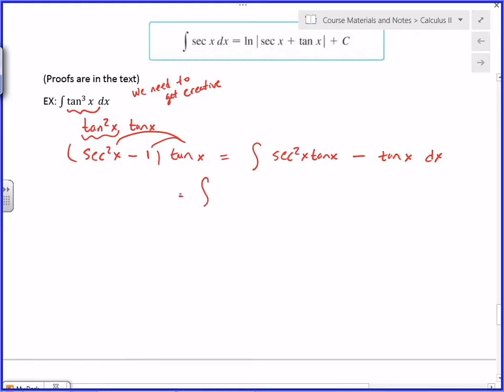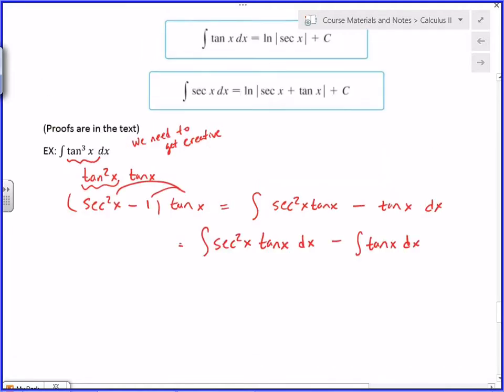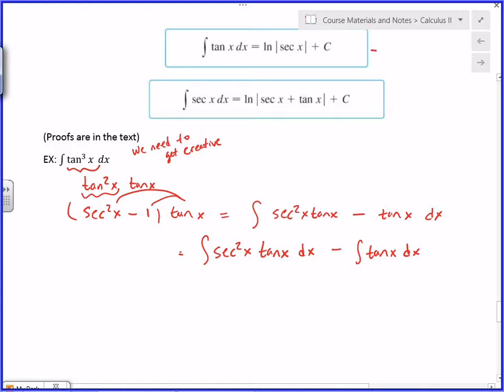Now here's the good news. This guy right here fits the criteria of our second strategy. And this one, I have a formula for. Boom, there. And then use B from strategy above.